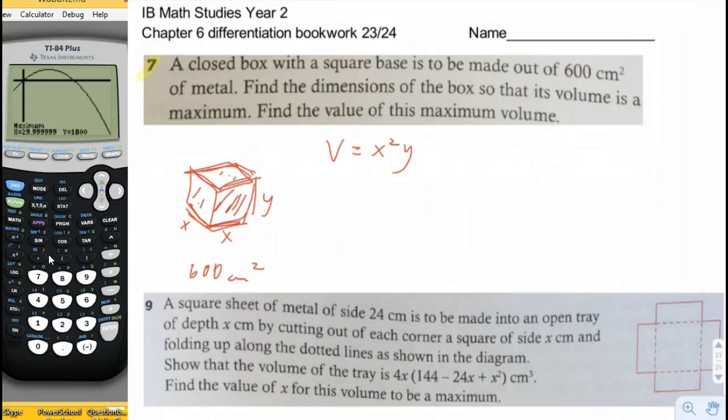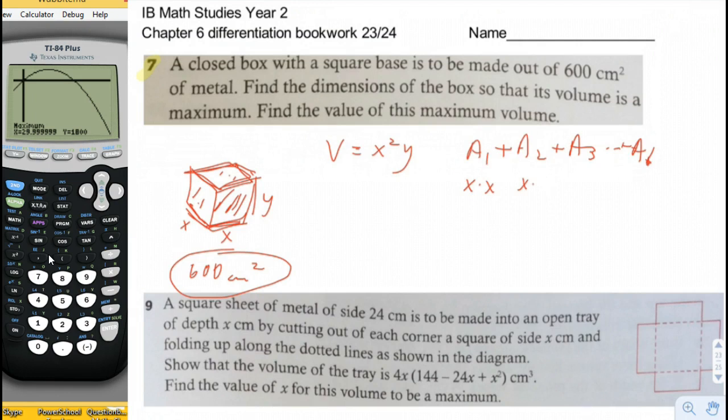Now, how can we relate the x and y's to 600 centimeters squared? Well, if we add up the area of each side, so the area of side 1 plus the area of side 2 plus the area of side 3, all the way to the area of side 6. Do you notice that a cube has 6 sides? Okay, so let's say the top and the bottom would be x times x, right?